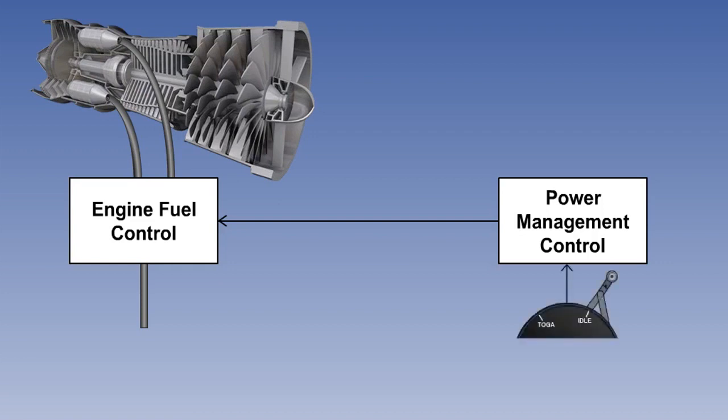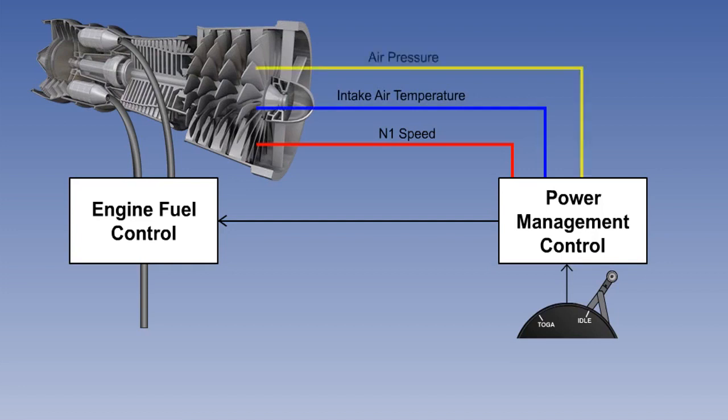When the power management control unit is turned on, it allows fine adjustment of the fuel flow to maintain the desired thrust setting. It achieves this by using the thrust lever angle, N1 speed, intake air temperature, and pressure to maintain the desired N1 speed.